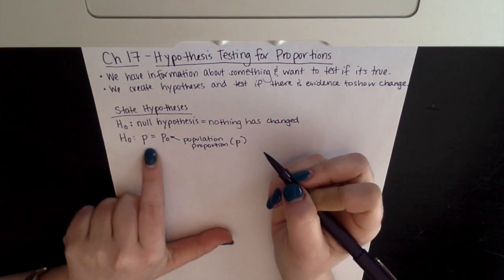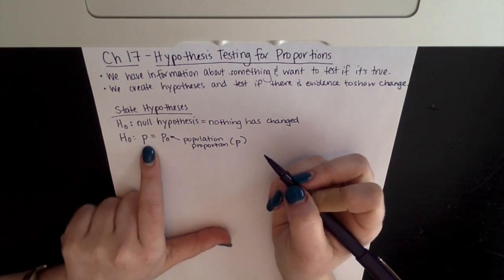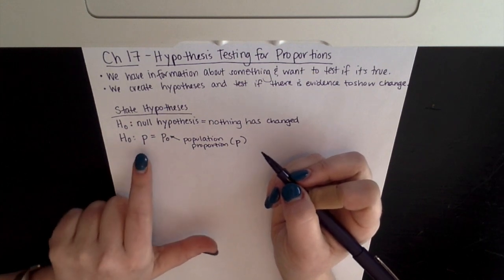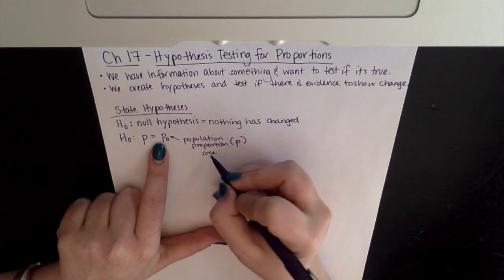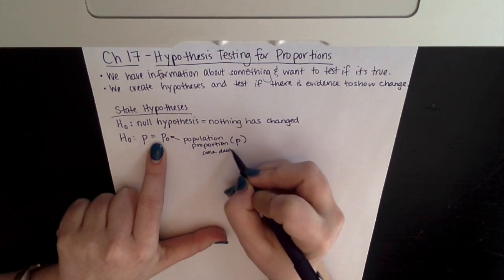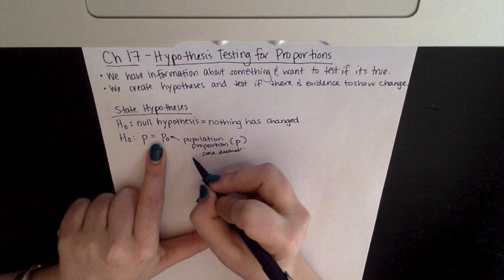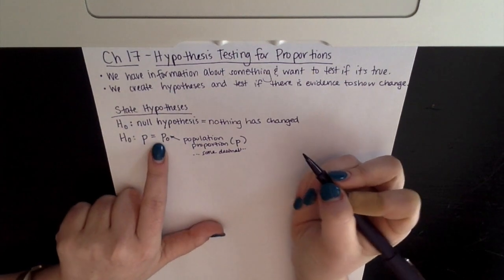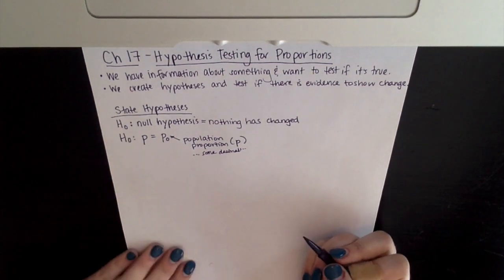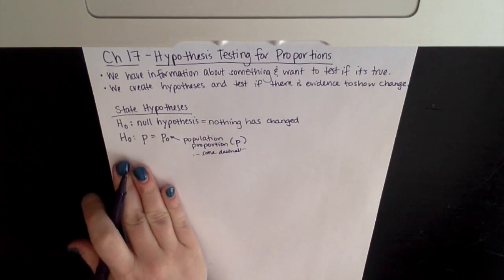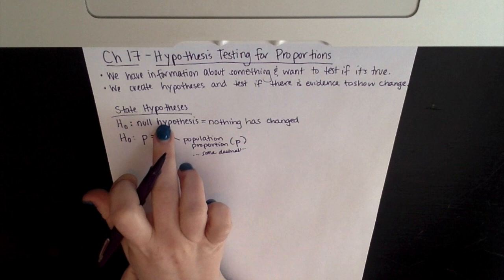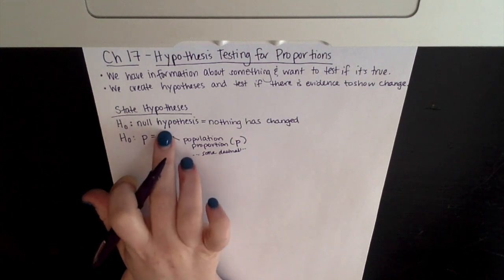They all start like P equals, and then a decimal, because proportions are always smaller than 1. We use this notation to represent the null hypothesis, or what we are told about the population.